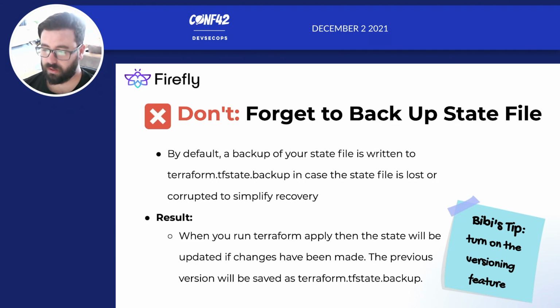If you are using S3 as I did, make sure you turn on versioning in the S3 bucket, and then you have the peace of mind that you can always go back to the previous revision of the state file in case some disaster happens to it and you need to go back.